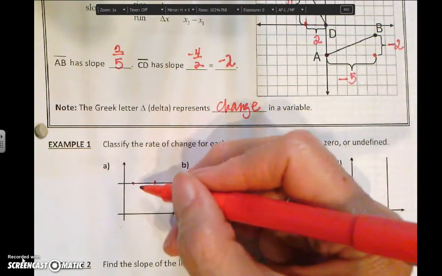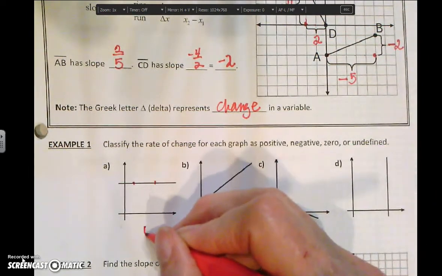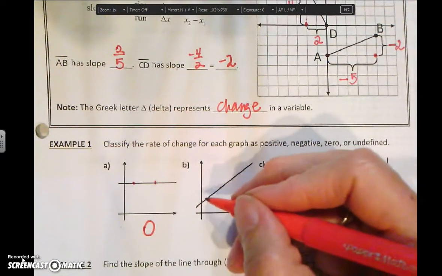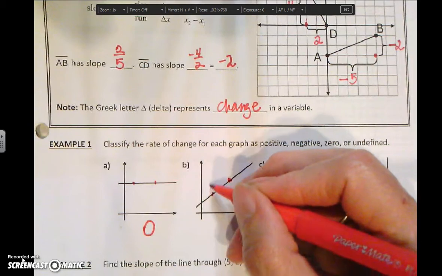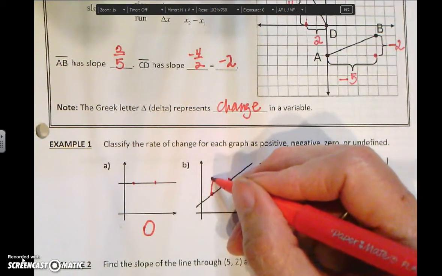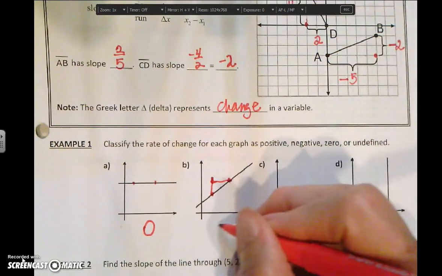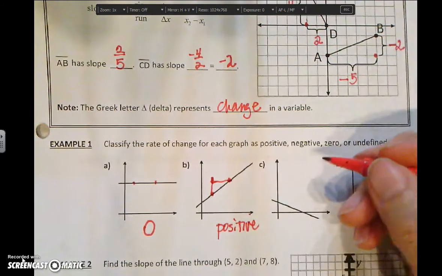So the rise is 0, and this has a slope of 0. On this one, going from one point to another, I'm going to rise, going up, which is positive, and then running, which is positive. So this is going to be a positive slope.